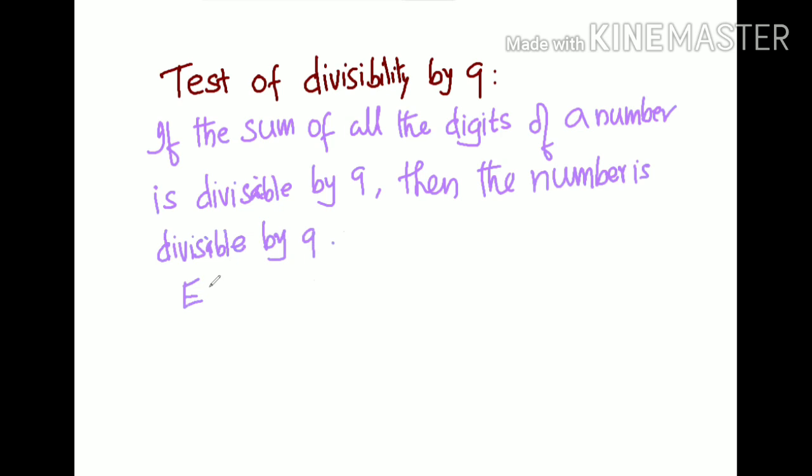Example: 918. 9 plus 1 plus 8 is 18, divisible by 9.